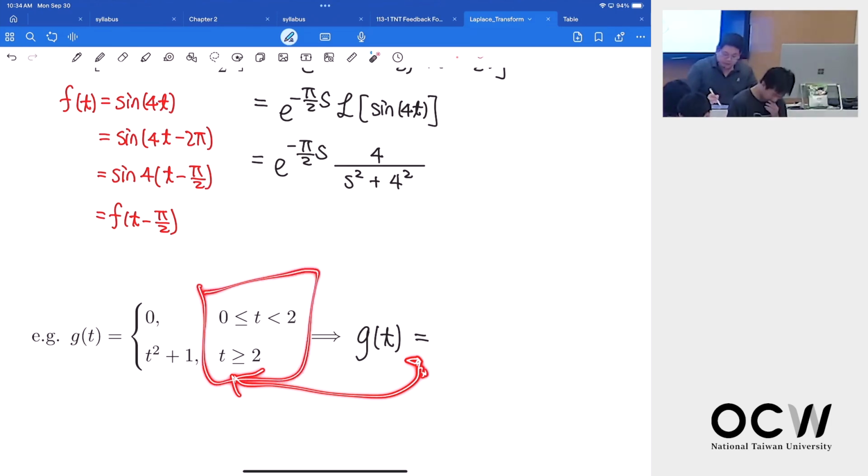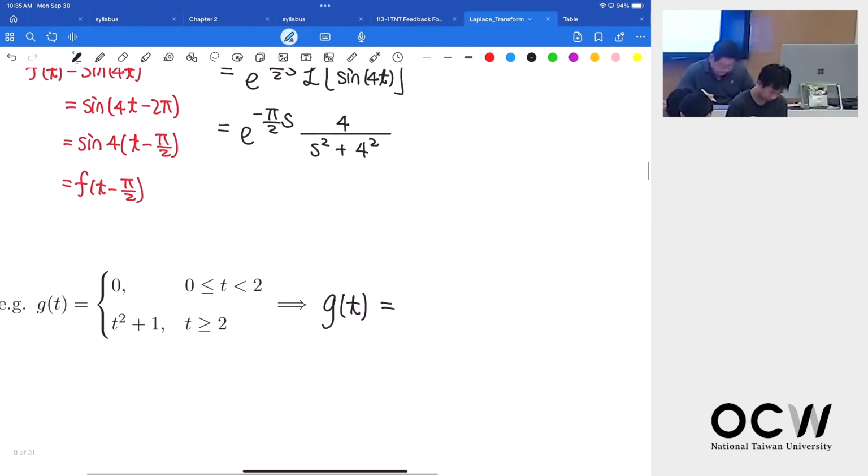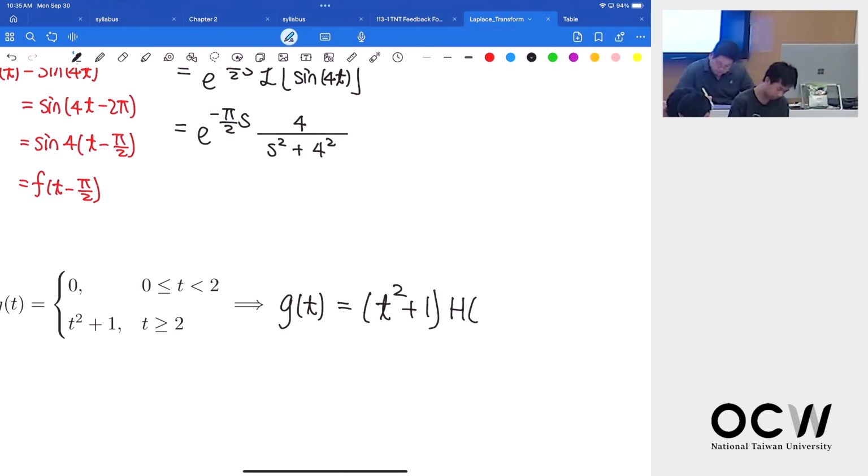Think about these conditions. When do I have the value? When t is greater than or equal to 2, I have a value, right? So this function is t squared plus 1, but I only have a value when t is greater than 2. Okay.